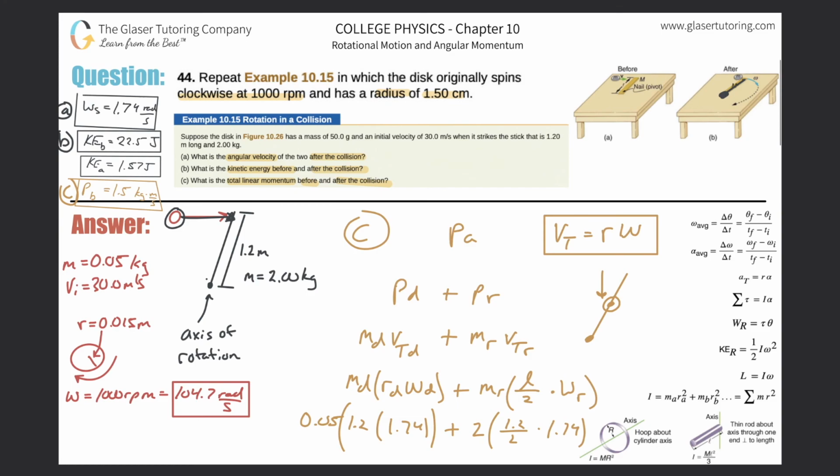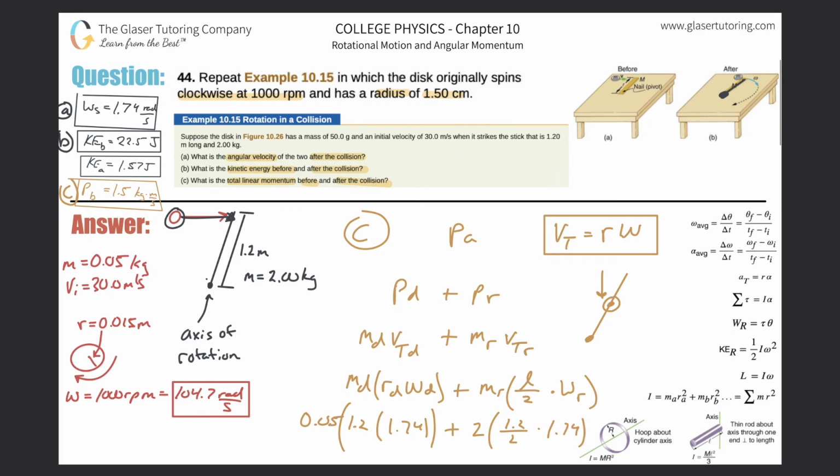So let's do it. 0.05 times 1.2 times 1.74 plus 2 times 0.6 times 1.74. And what do we get? We get about 2.20.